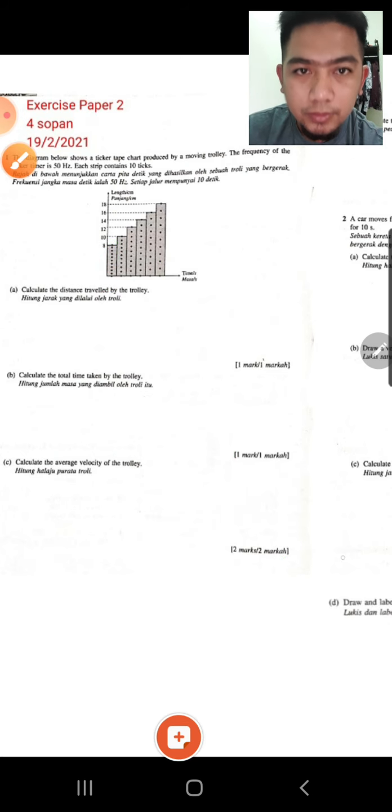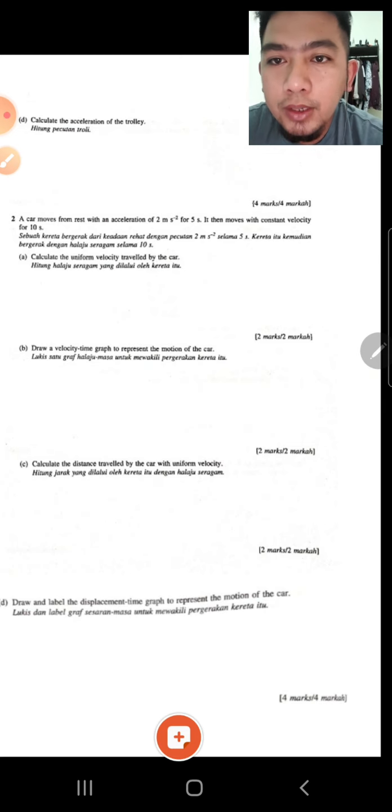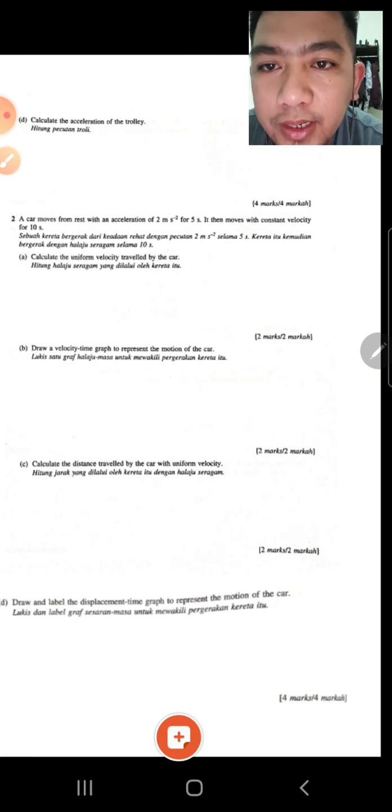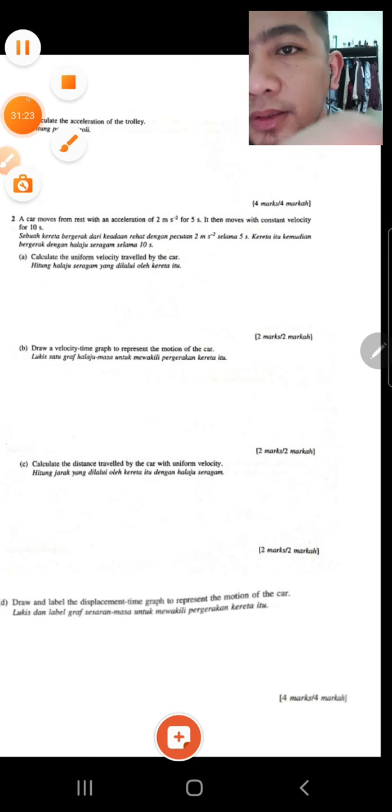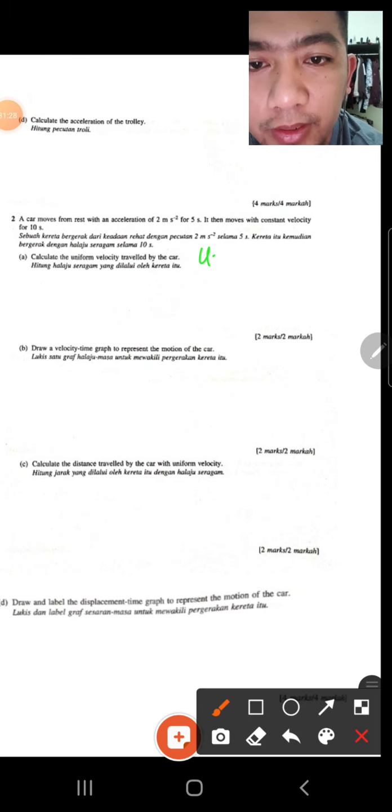Alright, now we go to question 2. A car moves from rest with an acceleration of 2 meter per second square. So it has given here from rest, so actually u is 0 meter per second.